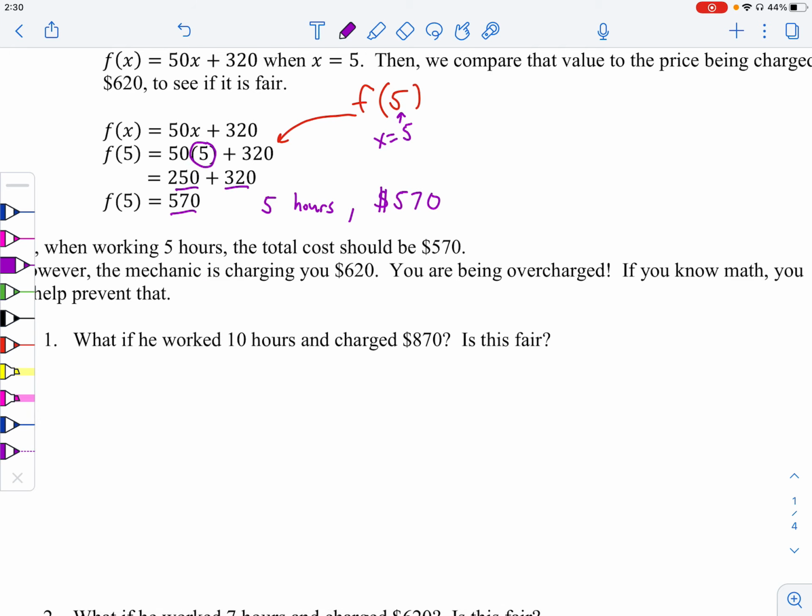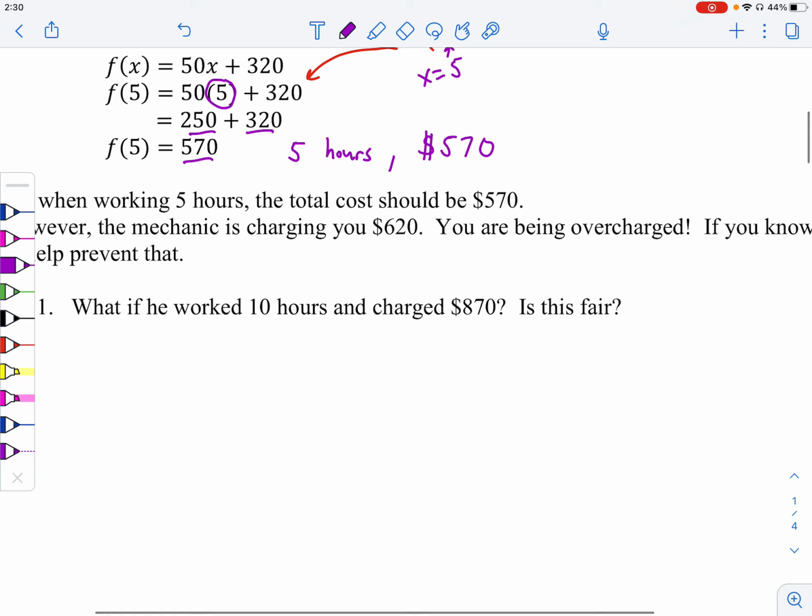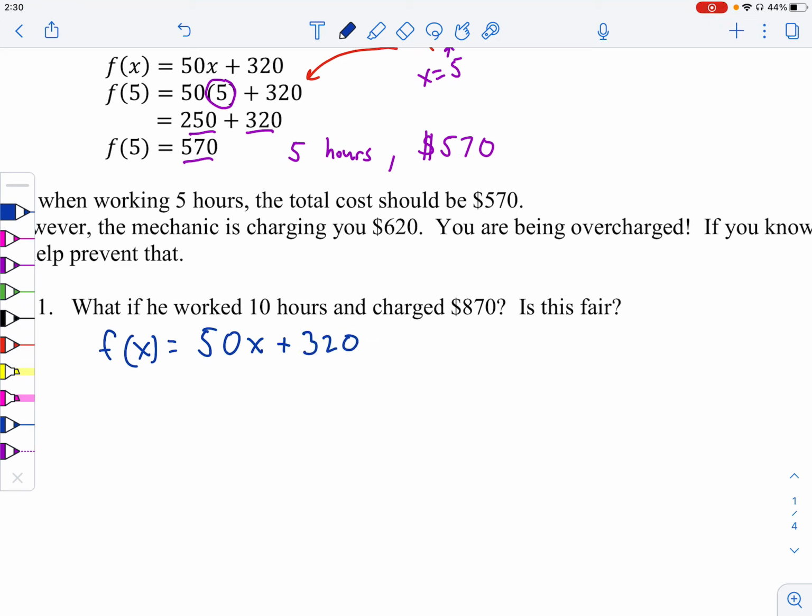What if he worked 10 hours and charged $870? We'll use our function again, f of x equals 50x plus 320, using our function notation from last time. So what if you work 10 hours? We want to find f of 10, because that's our x value, 10 hours.